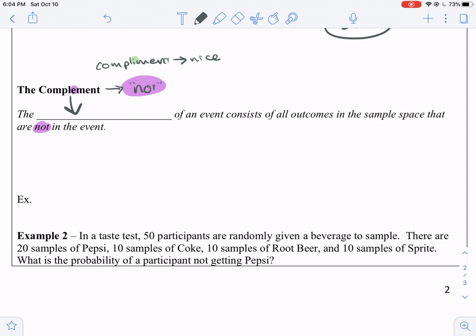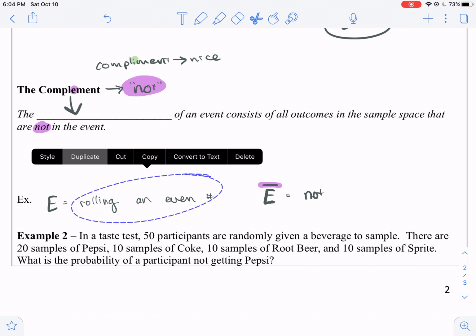So if E is rolling an even number from our previous example, then we say E not, it's got that fancy little hat on. That's the probability of not rolling an even number.